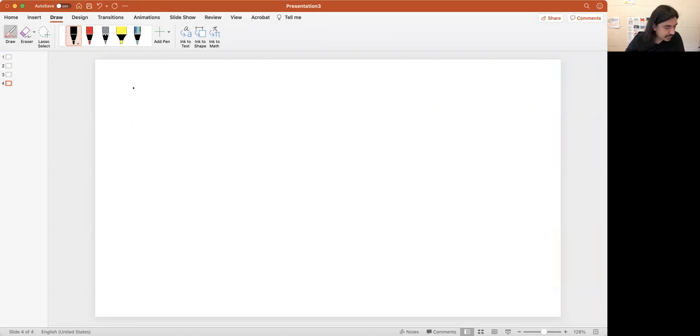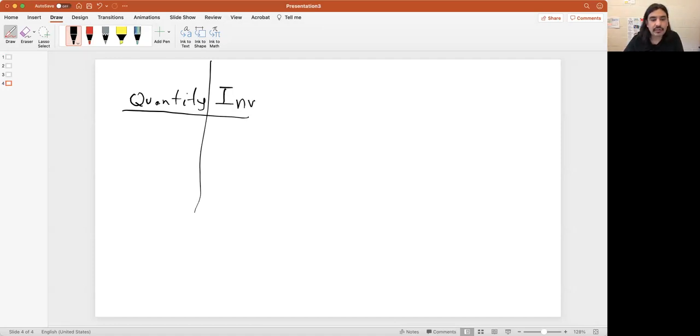So if we look at different quantities, I'm going to put a table here with some quantities. The first thing is, is this an invariant quantity? The second thing I'm going to ask you is if there's a conservation for it.